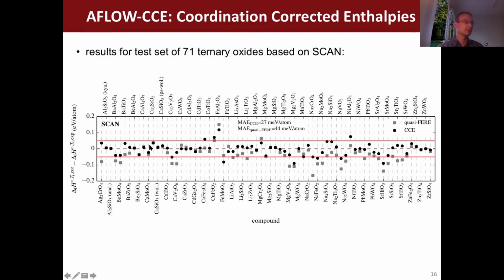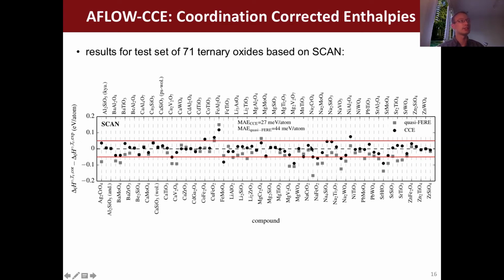This dashed line would indicate perfect agreement, and these red lines are at plus minus 50 meV per atom. Previous methods have achieved this as their mean accuracy, and when we have all dots inside these red lines, that means we are significantly better. And with these black dots, we actually pretty much get that.